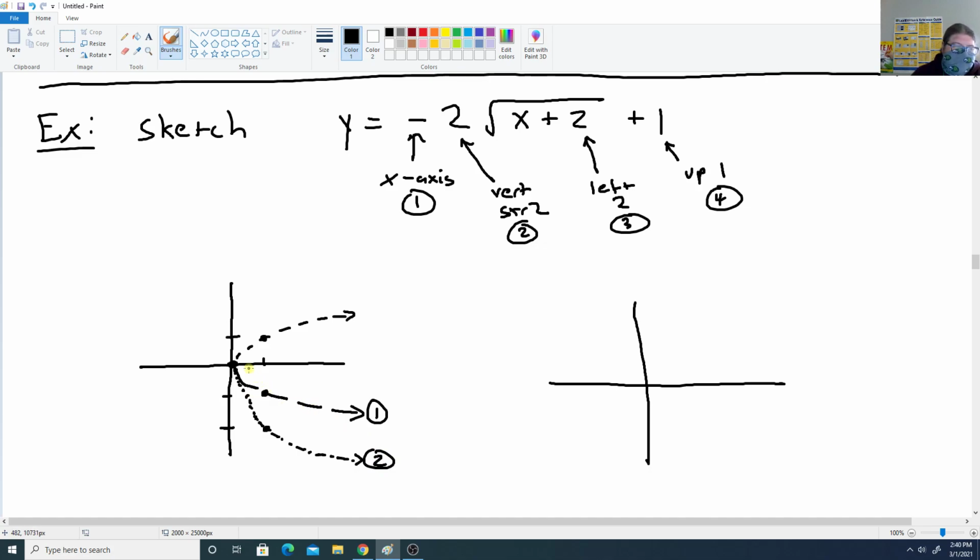Then I want to take that shape and move it left 2 and up 1. So we go left 2 units, we go up 1 unit, and I'm going to redraw this taller graph, opening downwards and pulling off to the right. And this will be my answer graph here.